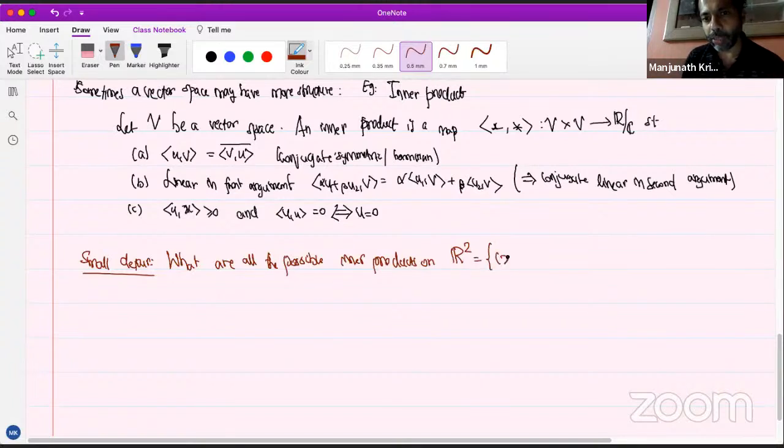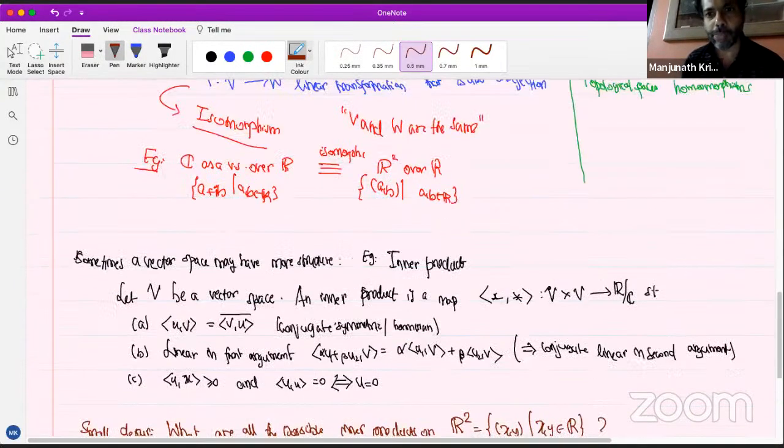So R2 is, violating my own convention, let me write it as row vectors for simplicity. R2 is x comma y, where x, y are real numbers. So what are all the possible inner products that one can define?